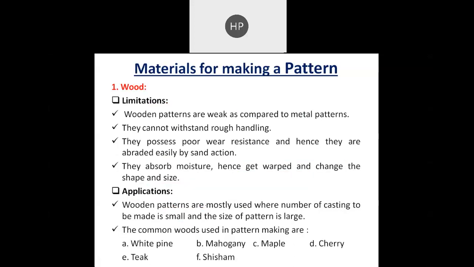But wood also has certain limitations: wooden patterns are weak as compared to metal patterns. It is obvious that the property of wood and the property of metal are different. Metals are generally hard and durable, while wood is weak by comparison.